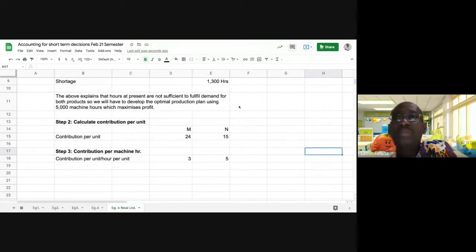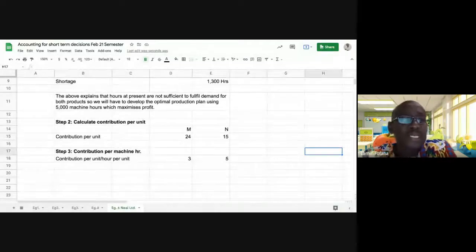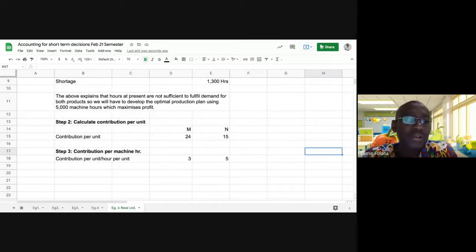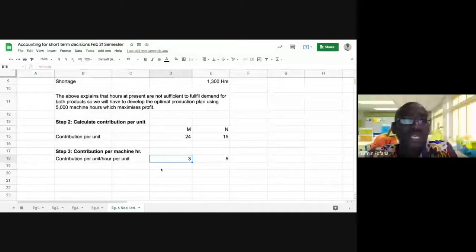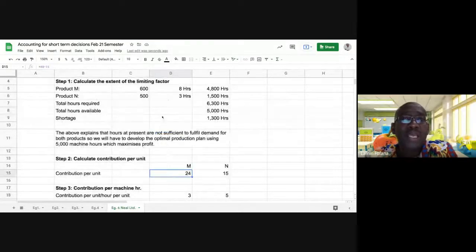Before the break, we were looking at step 3. We calculated our contribution per scarce resource, which is our contribution per machine hour. In order to calculate that, we look at the contribution per unit divided by the hours per unit for each of the products.